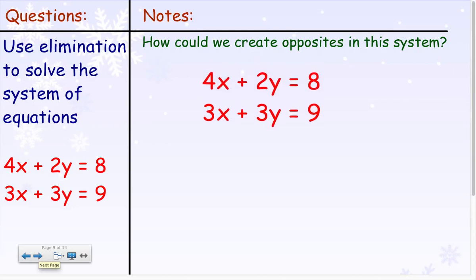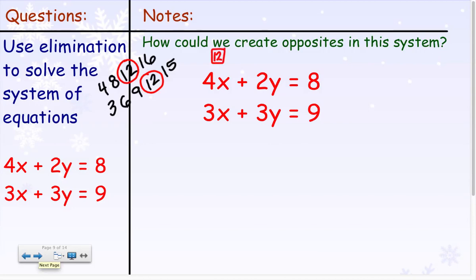So let's ask ourselves, what is the lowest number in common between 4 and 3? Well, 4, 8, 12, 16, 3, 6, 9, 12, 15. My lowest number in common between the two was 12. That is one possibility. I could use the number 12.